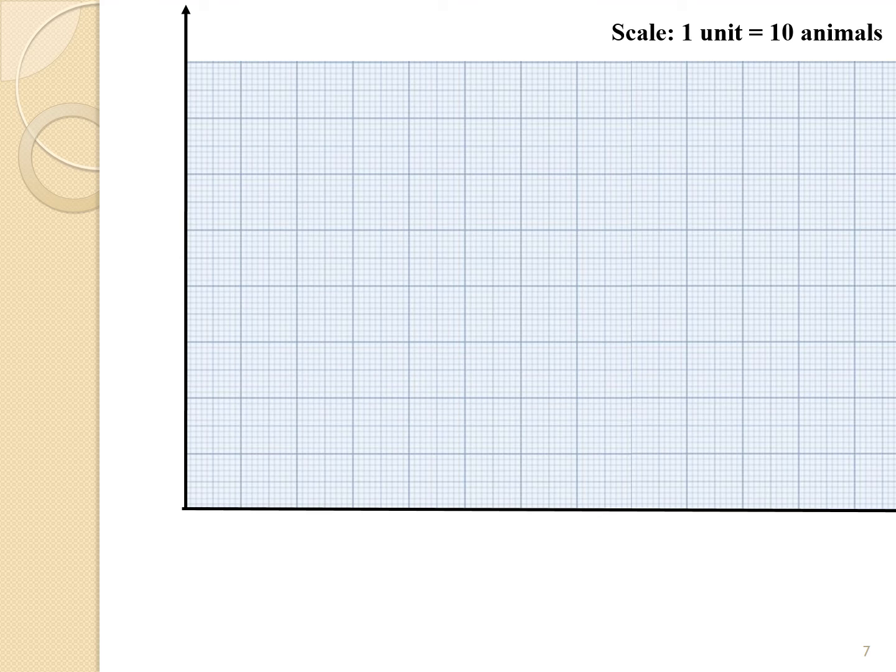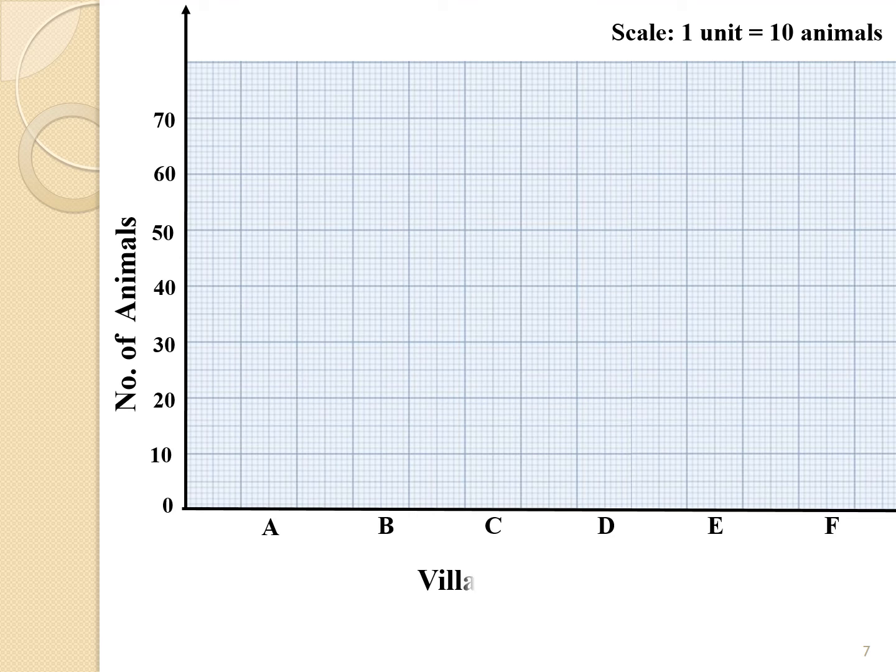Write the quantitative information, so, the number of animals along the vertical line, and qualitative information, so, villages along the horizontal line. Now, let us draw the vertical bars for each village.